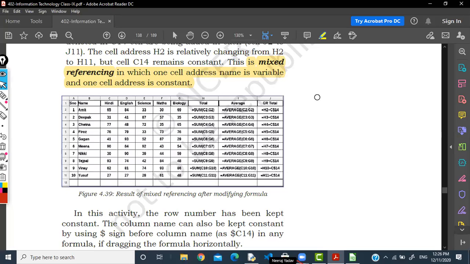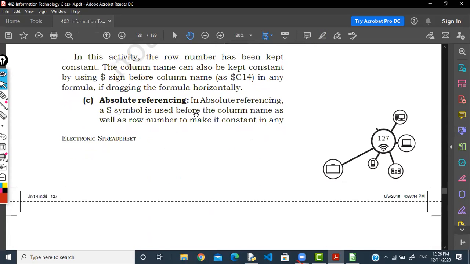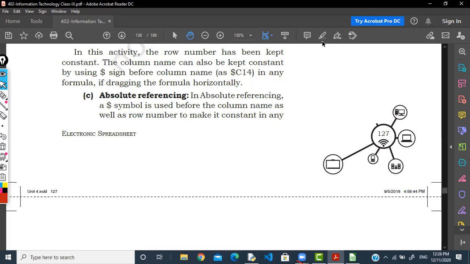Okay, so now move on to the next cell referencing type, and the other cell referencing type is called absolute. So what is absolute cell referencing? In absolute cell referencing, we use the dollar sign before the row number as well as before the column number altogether.